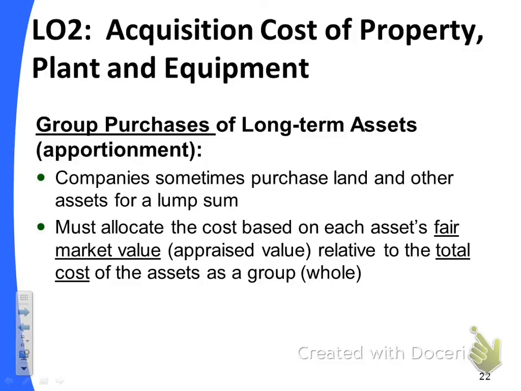They're all going to be booked into different accounts on your balance sheet, just like you've seen in your own financial statements. Okay? So I must allocate the cost of each item based on the fair market value using an appraisal relative to the total cost of the assets themselves.